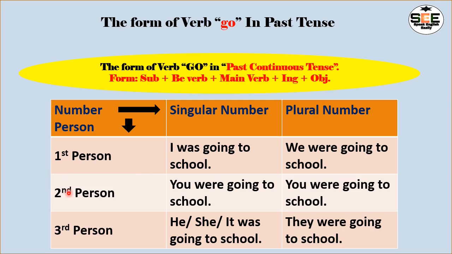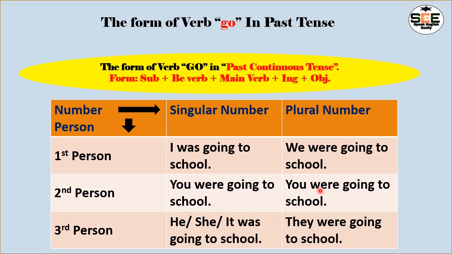So if we see the second row, second person, then we can find here, you were going to school. Here you is the subject and were is the be verb and go is the main verb and ing is the continuous form and school is the object. So, you were going to school.